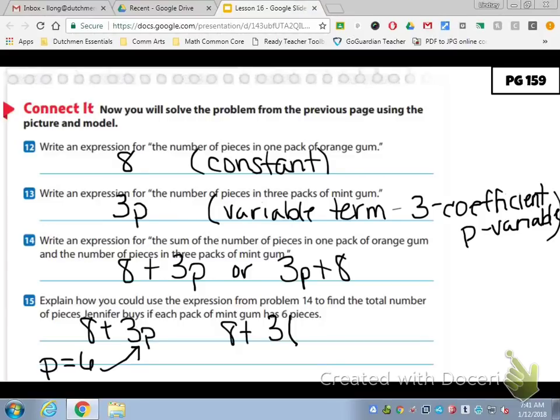So if you put it in parentheses, it means that you're multiplying them. And I replace that P with a 6. So now I can follow my order of operations and solve this problem. I would multiply first. 3 times 6 is 18. Bring down the rest, and 18 plus 8 would give me a total of 26. 26 is correct.